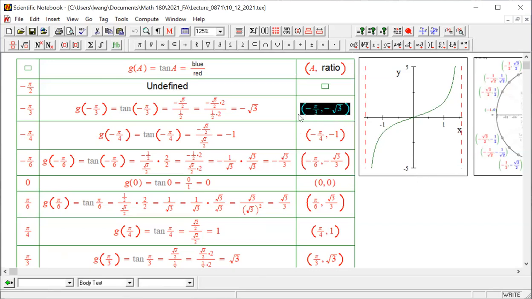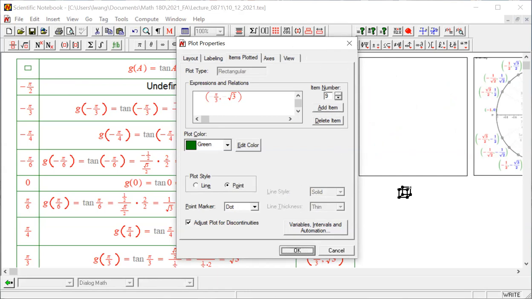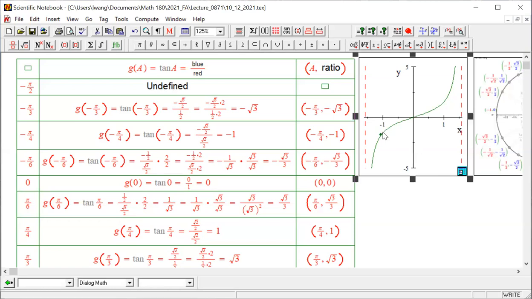So this point will be on the spot. It doesn't have to be perfect. However, how do we make it better? We mark the points. Okay, so that's 1 point. Negative pi over 3, negative root 3 over 3, a negative root 3.